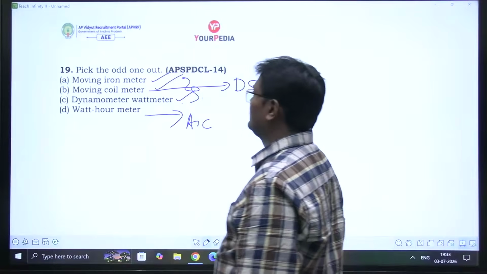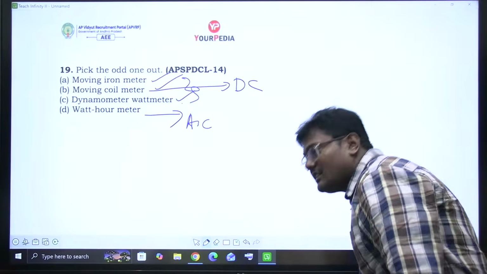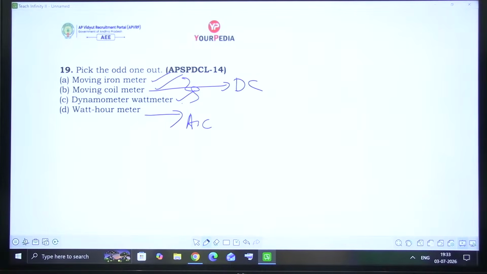Which one is the correct answer? This is the APSPDCL 2014 question. Two options are there, and out of them you have to eliminate one.